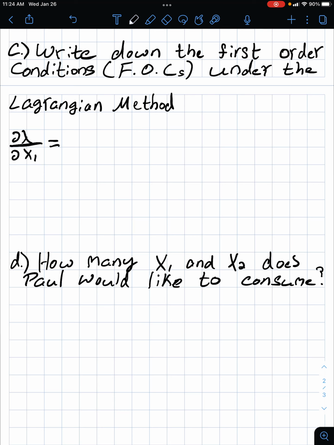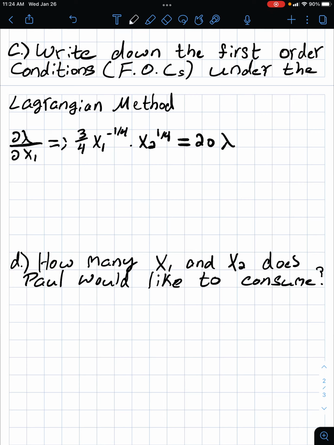Well, this will be 3/4 x1^(-1/4) times x2^(1/4) is going to be equal to 20 lambda.